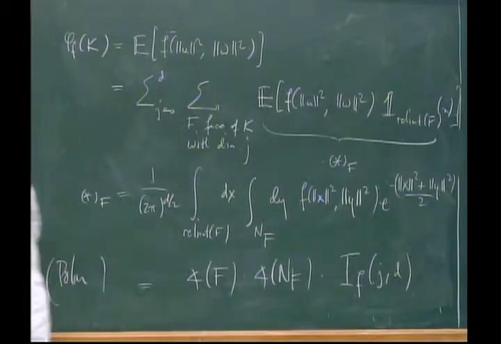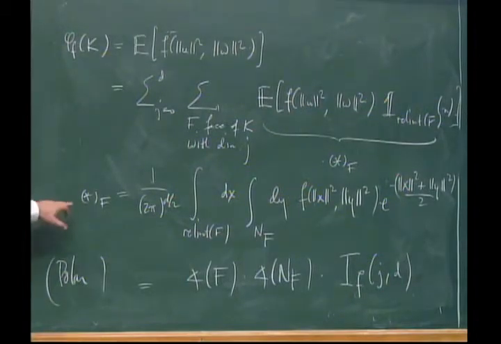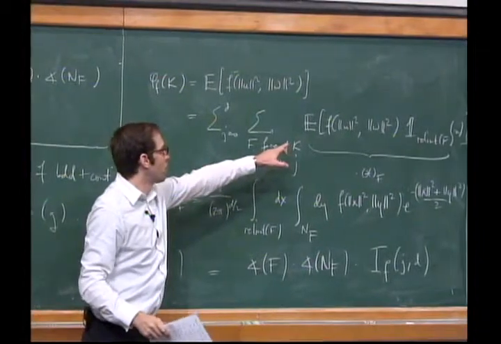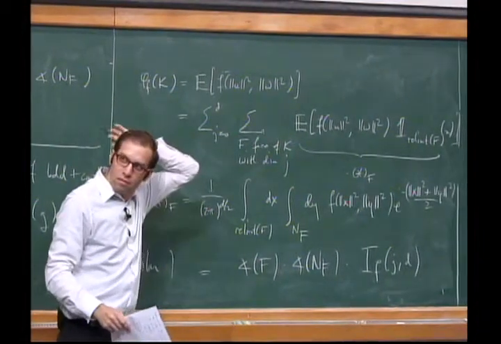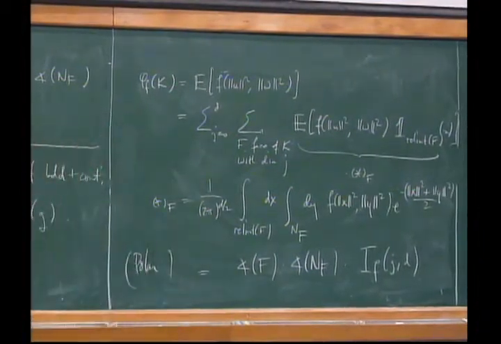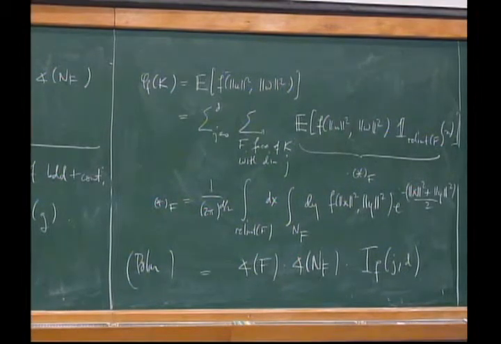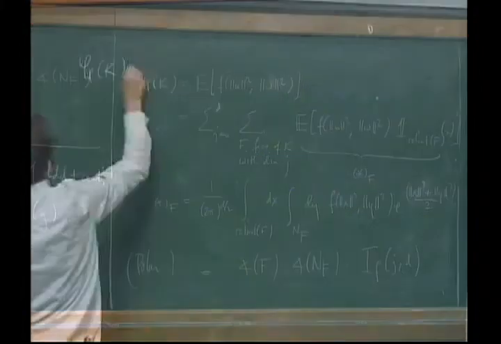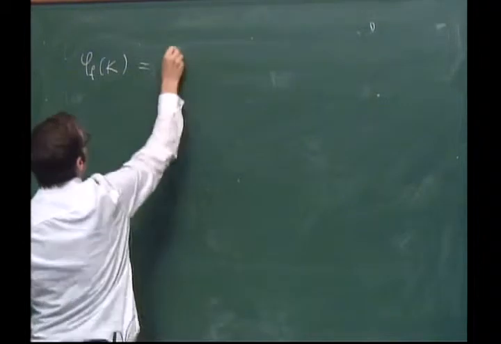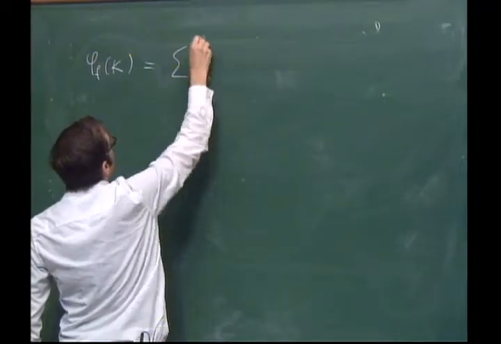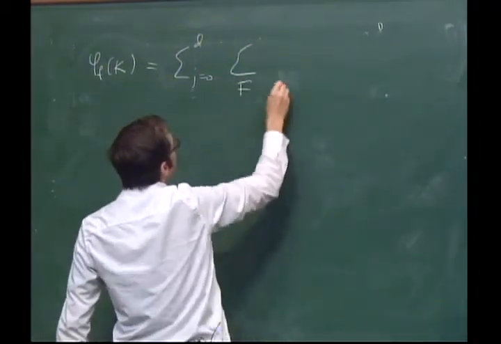So I've already used this, so I can erase it. Now we just take our calculation of star f and we plug it back in here. And we obtain the sum from j equals 0 to d, the sum over all these faces.